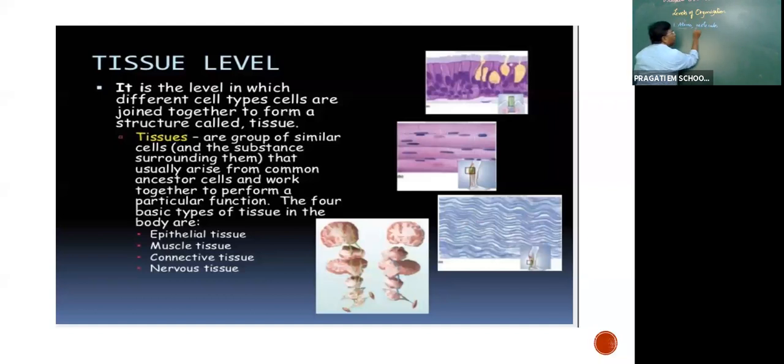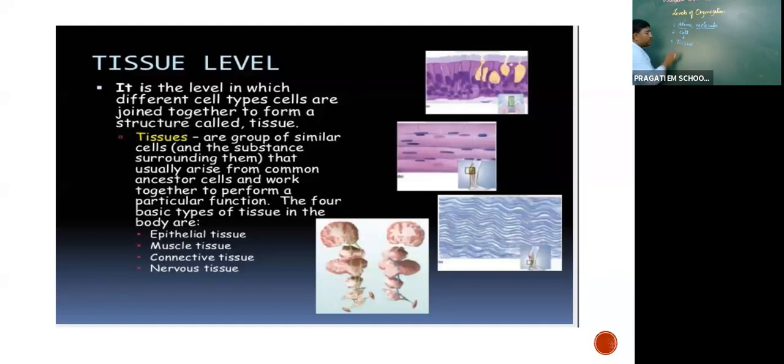These two are non-living things which are helpful for the living things, isn't it? So these two are composed to form a cell. Next level, that is cell level. Cells are grouped to form tissues.